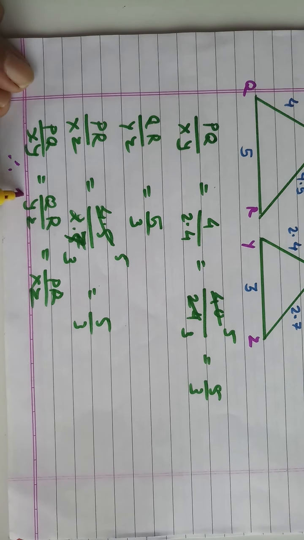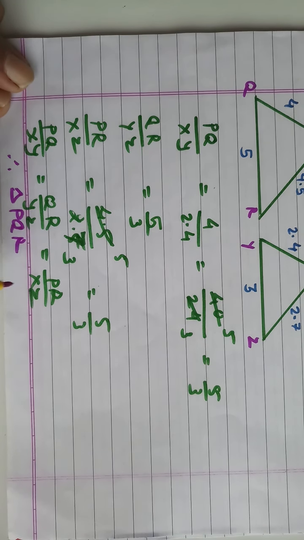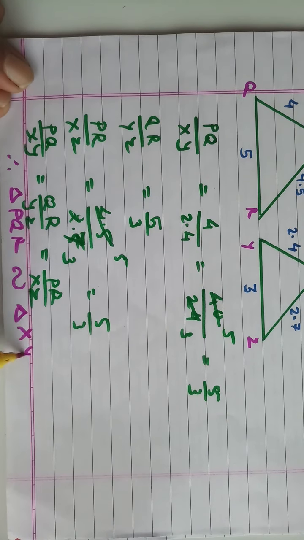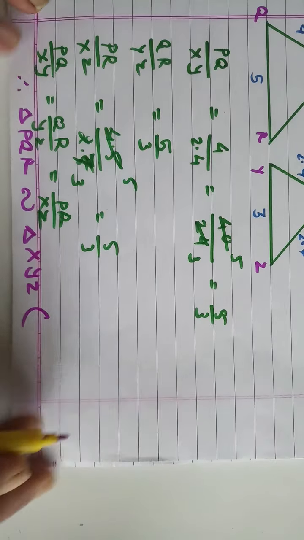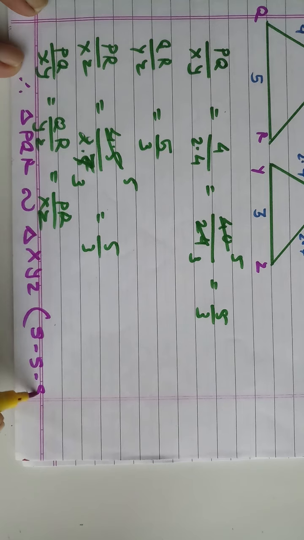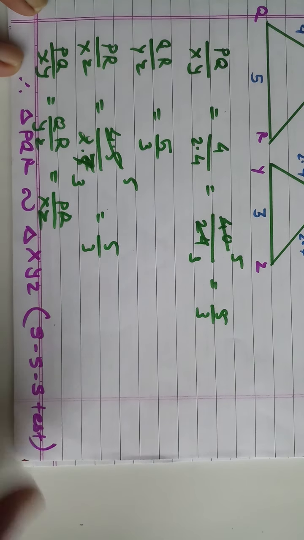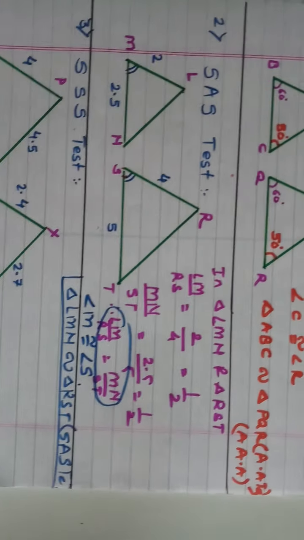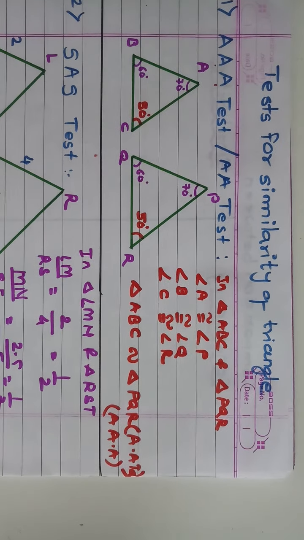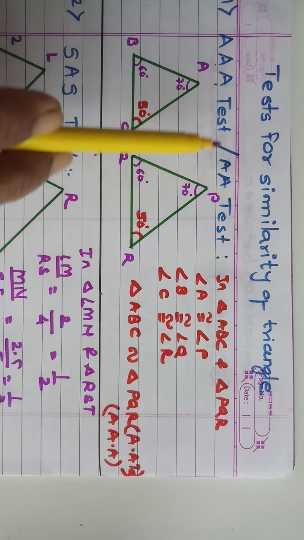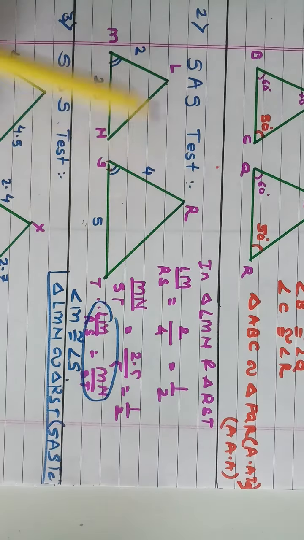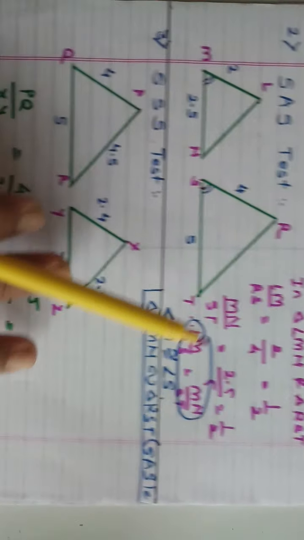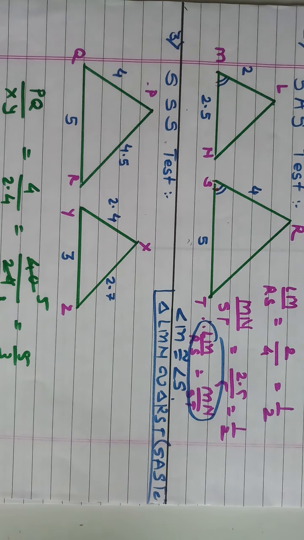Therefore, triangle PQR is similar to triangle XYZ, by the SSS test, the side test. So this is how there are three tests for similarity: the AAA test or AA test, second the SAS test, and third the SSS test.